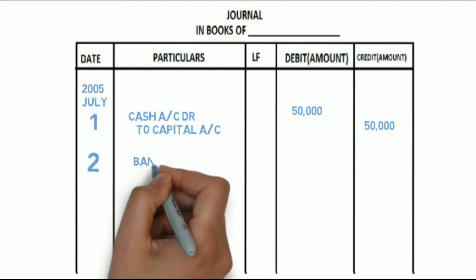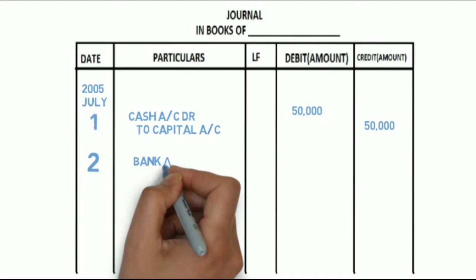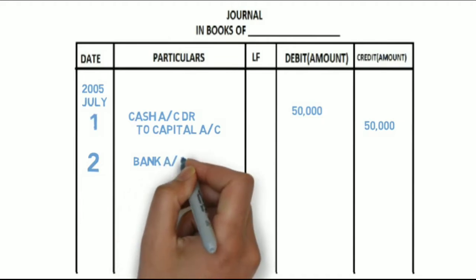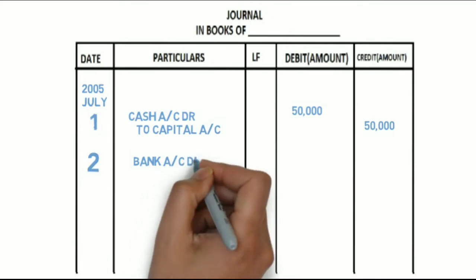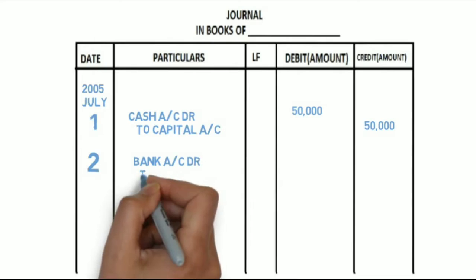Some may think it will be bank to capital, but no, it is not introduced by the owner. Okay, and it is not on opening date. So we have opened a bank account by depositing cash.